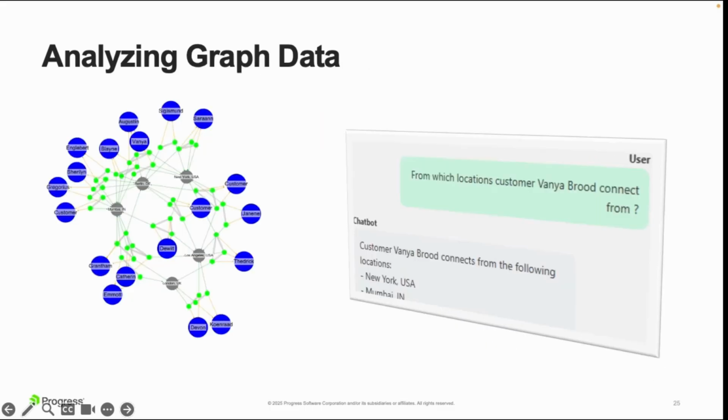And this is graph data, which is again responding in natural language, explaining how that graph data is analyzed. This agent is converting the natural language question to SPARQL, whereas the previous one converts the natural language question into SQL. And the one before that converts the natural language question into CTS search queries.